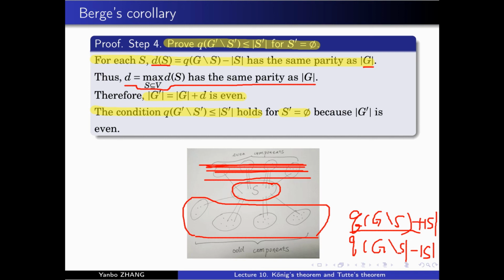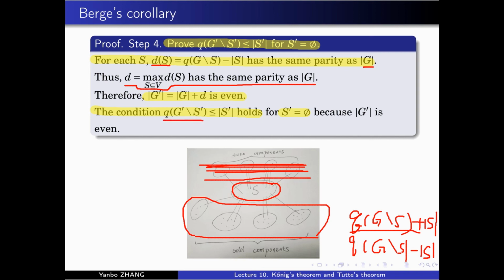If D is greater than or equal to 1, that means we have added some vertices to G to form a new graph G prime, and every vertex of D is adjacent to every other vertex. So G prime is connected.